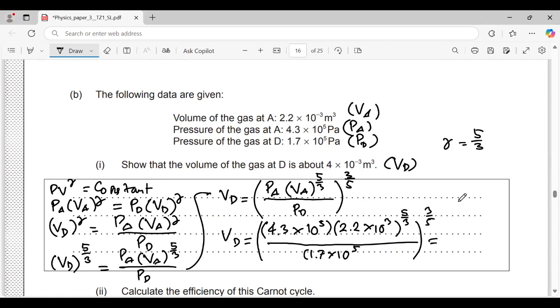And the result, if you calculate, is 0.003839, rounded to 3.84 times 10 to the power minus 3 meters, according to significant figures.